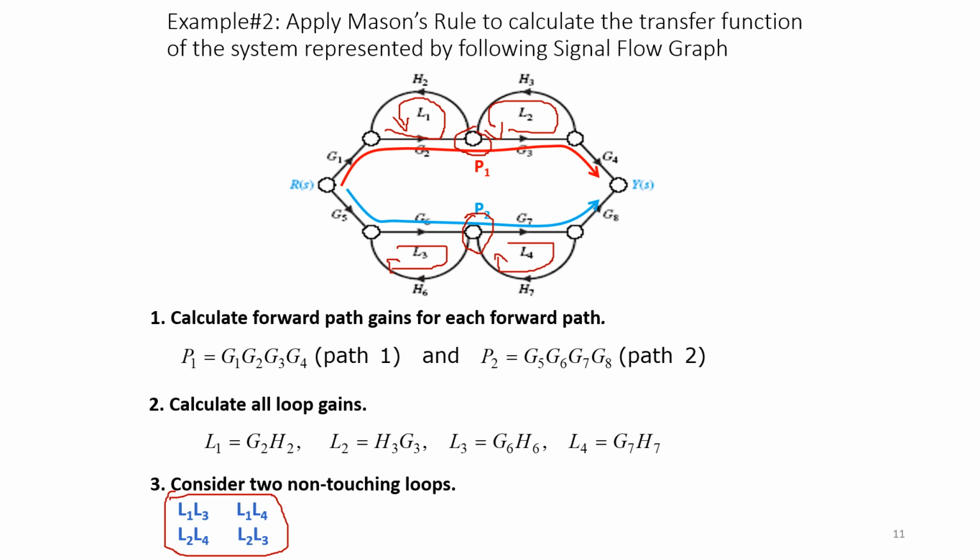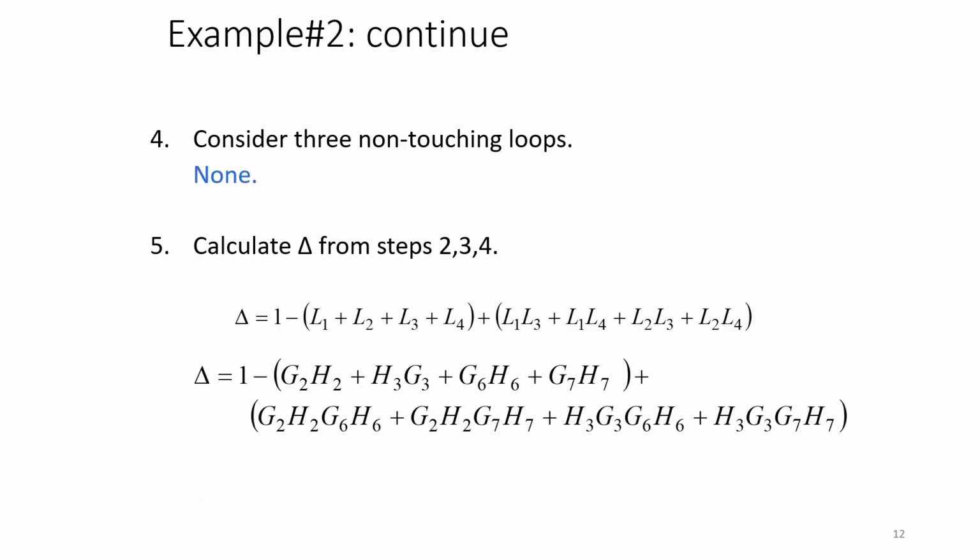L1 doesn't touch L3 and L4, but L3 and L4 touch each other, so I cannot take it. Similarly, compare L2, L3, L4: L3 and L4 touch each other, so there are no three non-touching loops. So three non-touching loops are nil, that is what is shown here, it is none. Now calculate the delta value using the loop gain values that we have got.